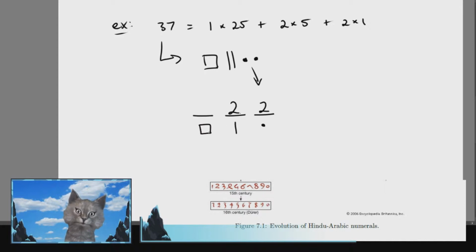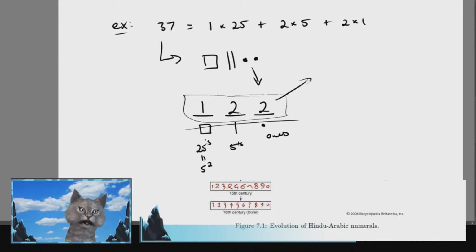And the next place is going to count the squares or hands, and there's only one of them. So as long as we agree that from right to left, it's going to be representing the number of ones, the number of fives, the number of 25s, or 5 squared, and we don't miss one, then we don't need these symbols anymore. We only need this.